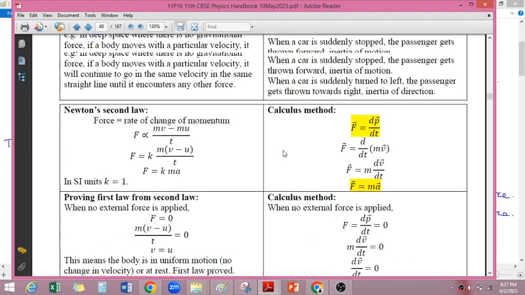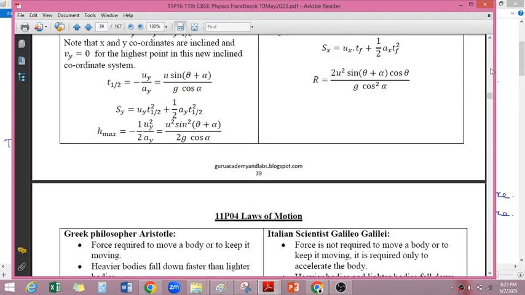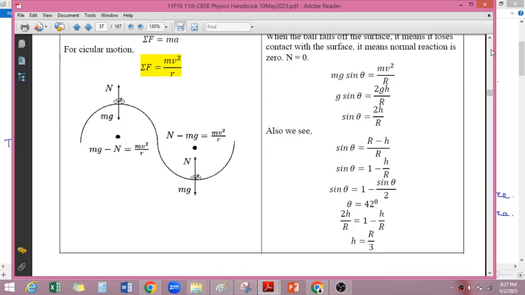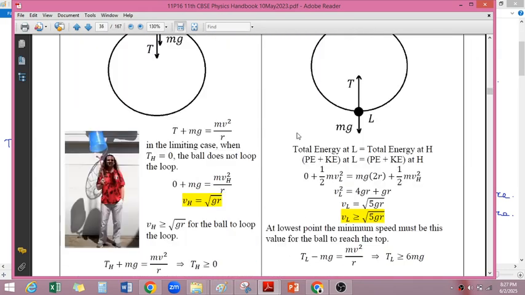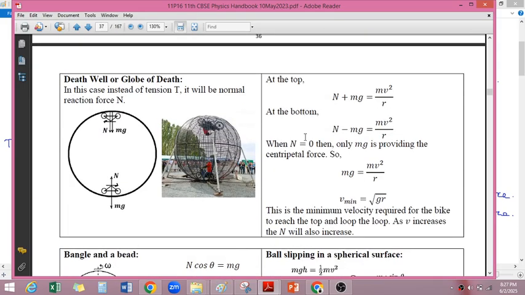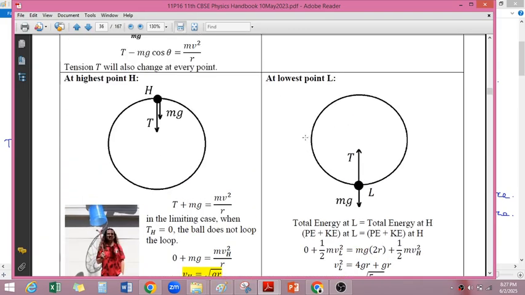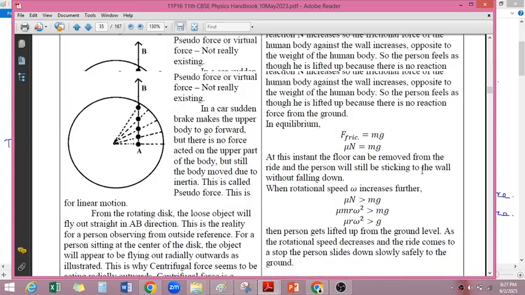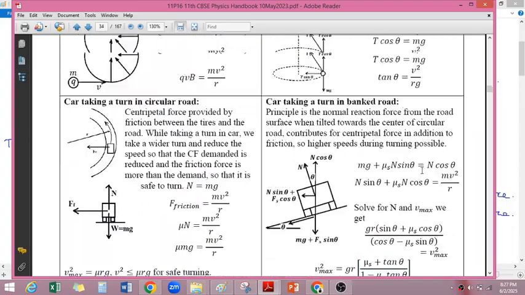This is in the laws of motion chapter. So you have to go to the previous chapter, which is circular motion. Yeah, I think we talked about this circular motion sometime back. I remember talking about death well, rotor ride, right?